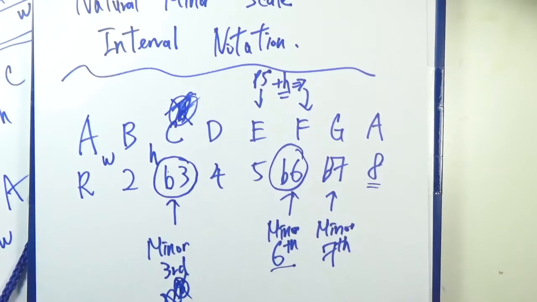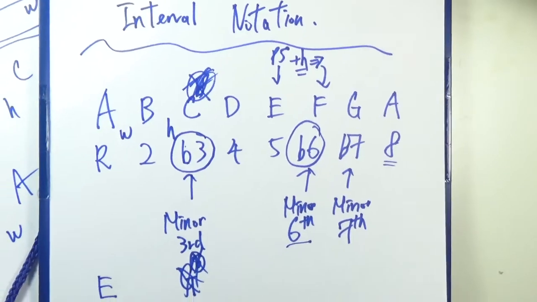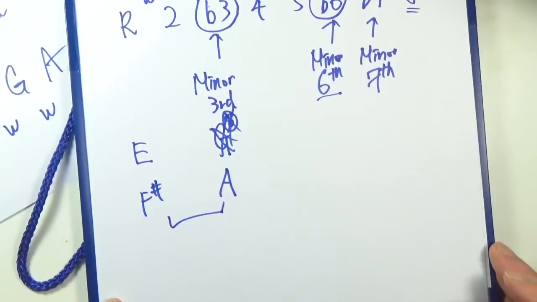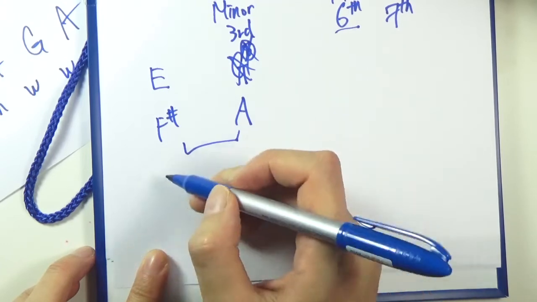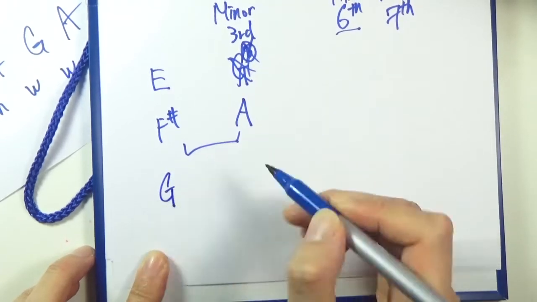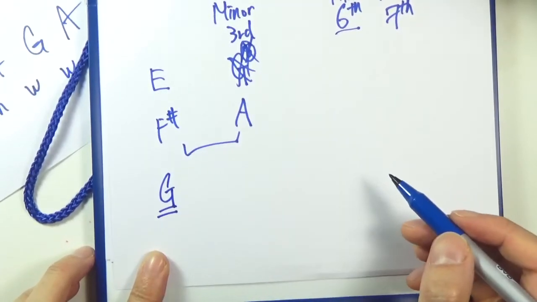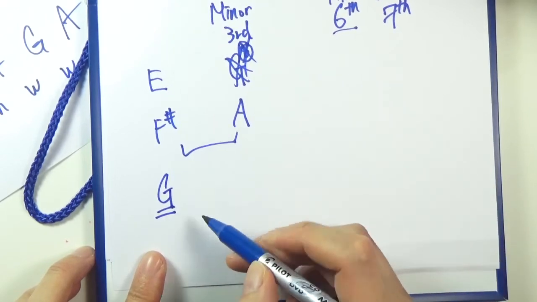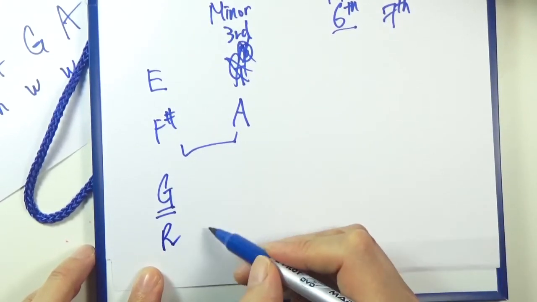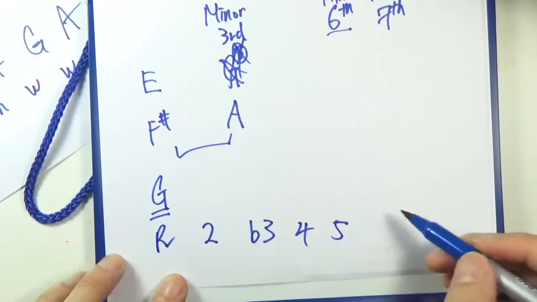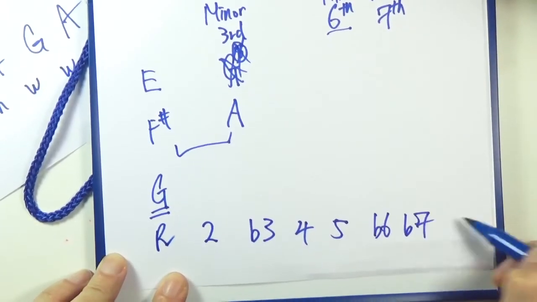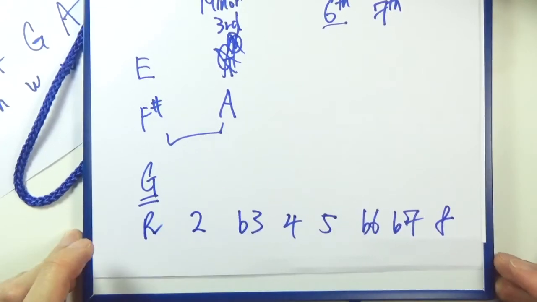So let's do one example here. This time let's do it in G minor. G. This time we'll do it with intervals. So we have root, major second, flat 3, 4, 5, flat 6, flat 7, and root.